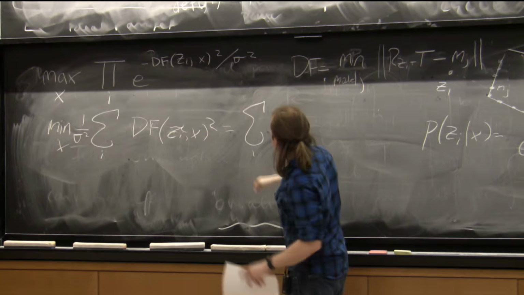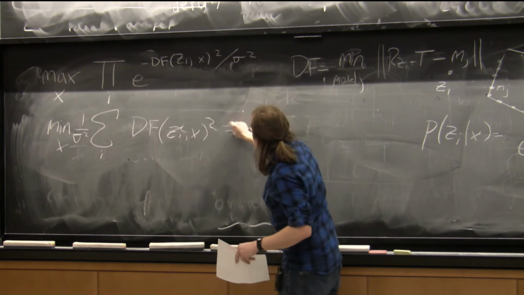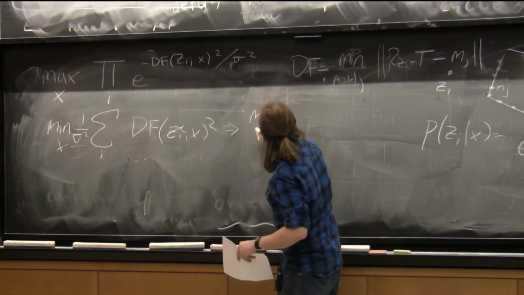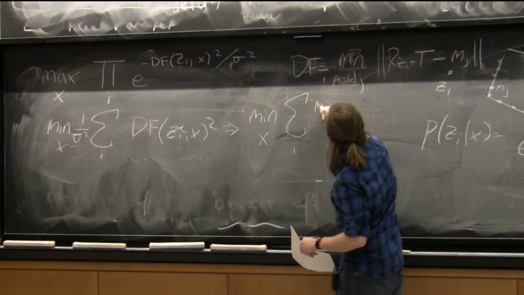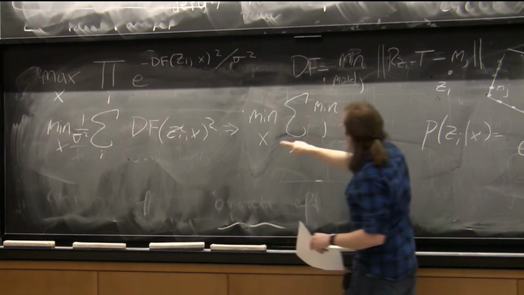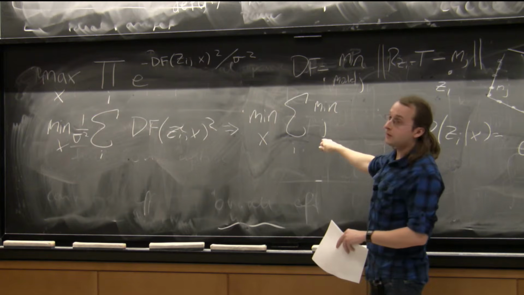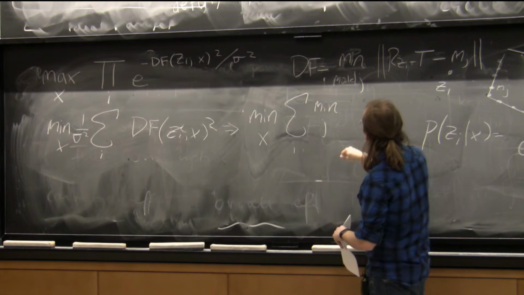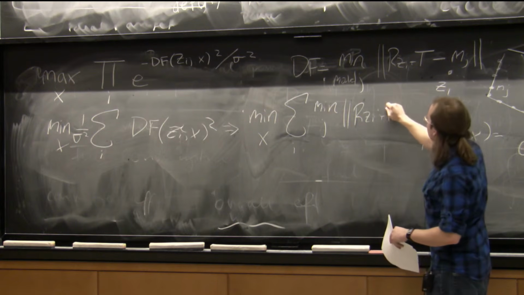I really want to write out with both mins because I like emphasizing how weird this looks. Min over x, sum over i, min over j inside of the sum. So for every scene point, I need to go find its closest point on the model of this point distance.